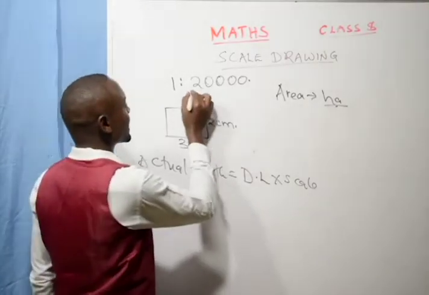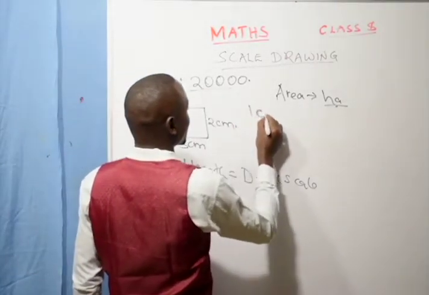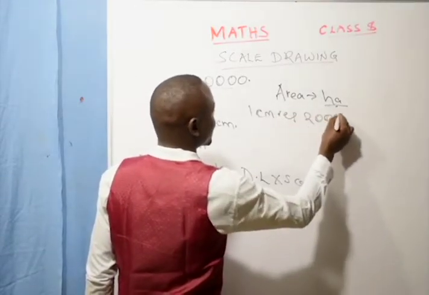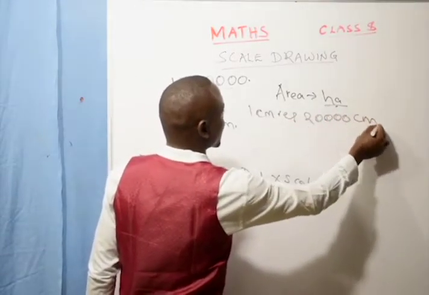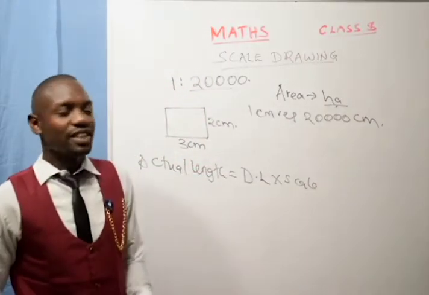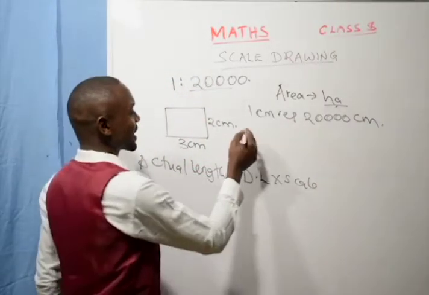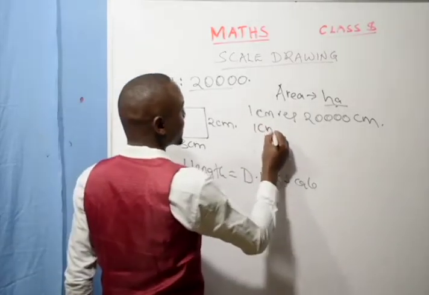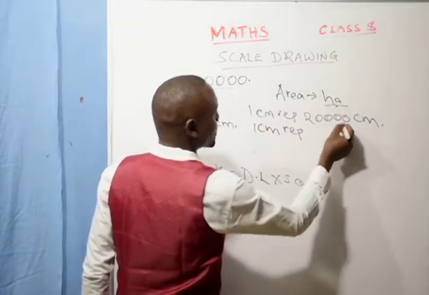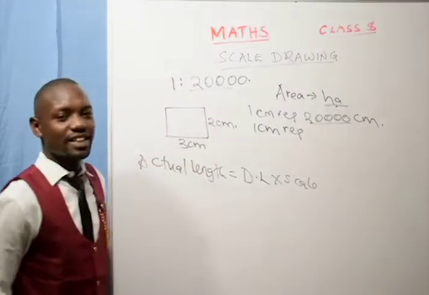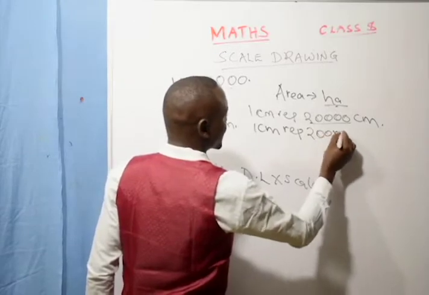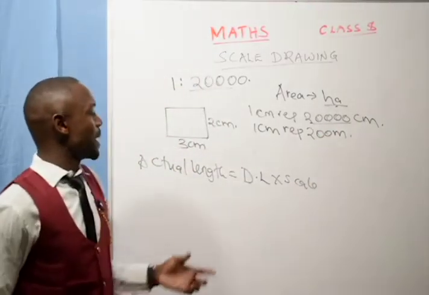In this case, the scale is 1 centimeter represents 20,000 centimeters. This scale can be written in meters: 20,000 centimeters is 200 meters. 1 centimeter represents 200 meters.